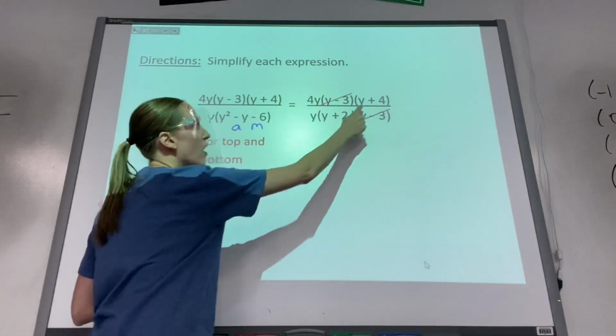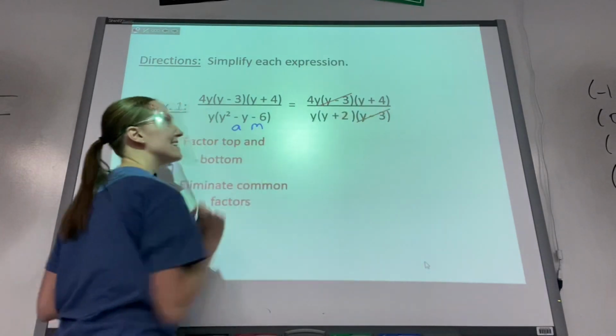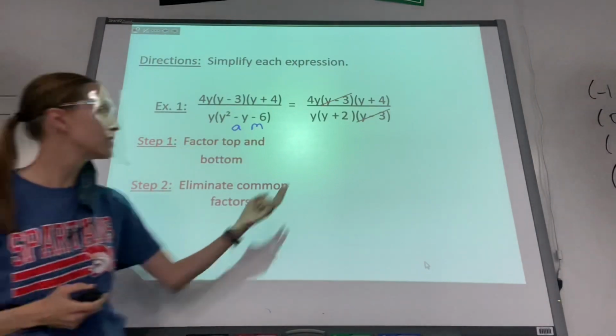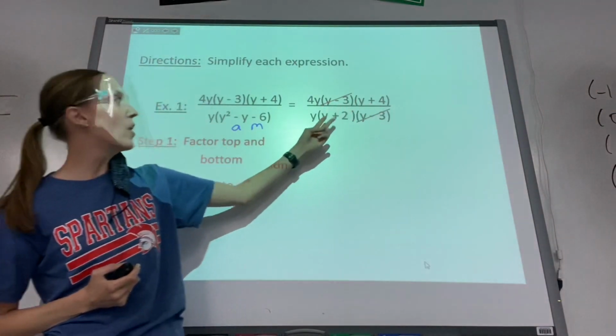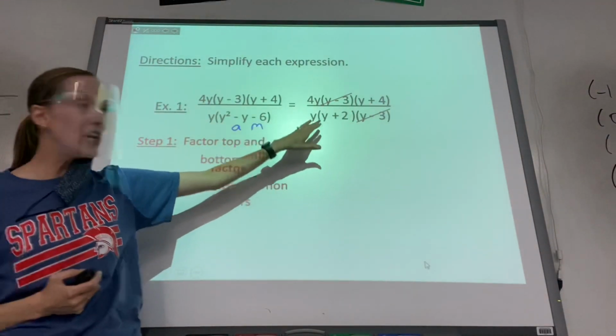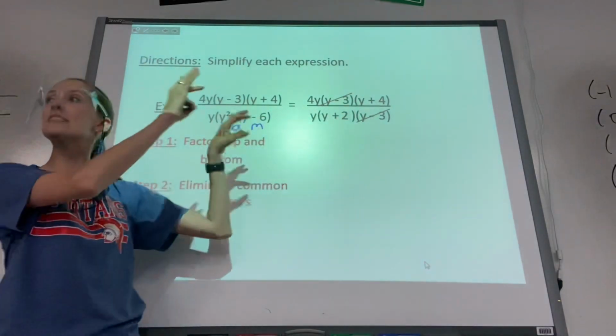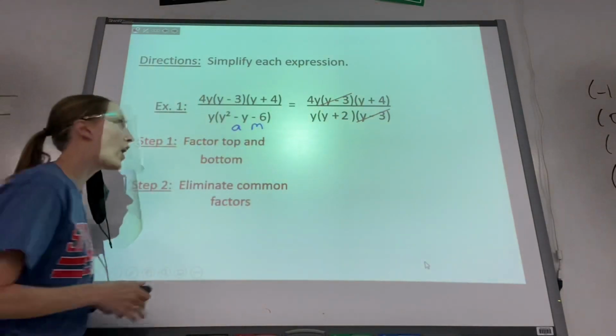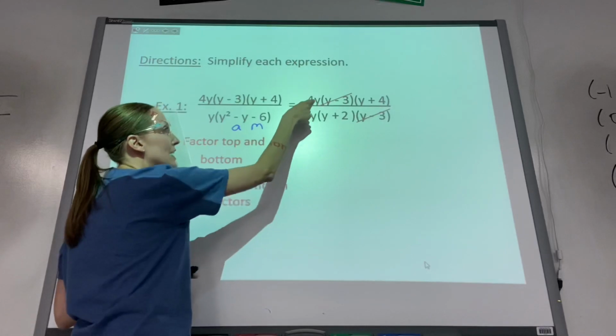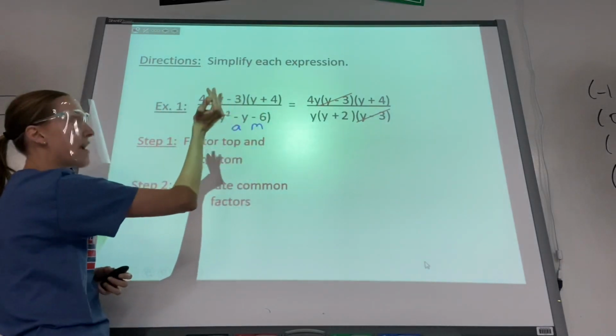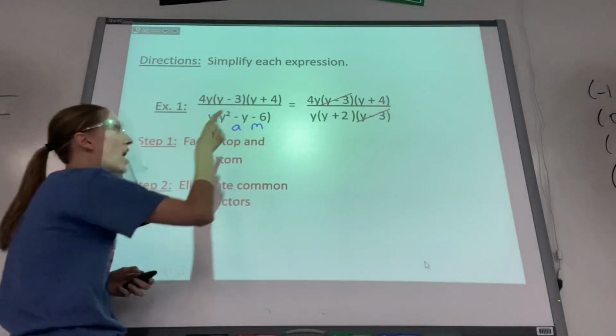Now, there's no other parentheses that we can drop out. That's a y plus 4, that's a y plus 2. Those will have to stay the way they are. But I do notice the stuff out front has something in common.